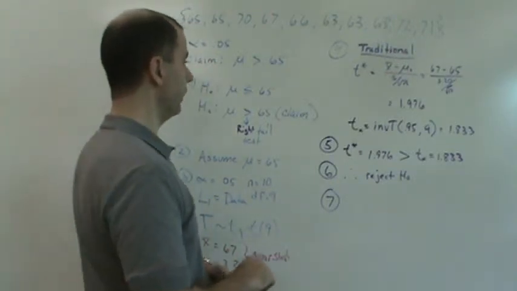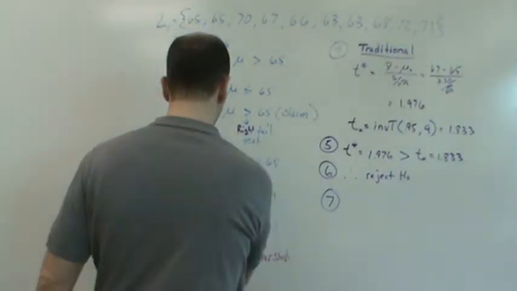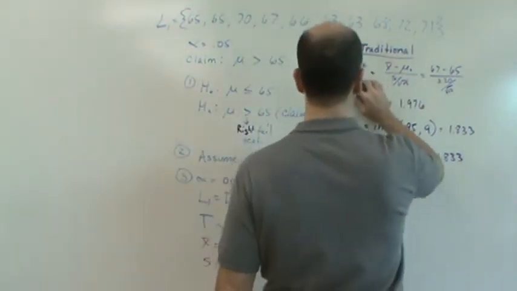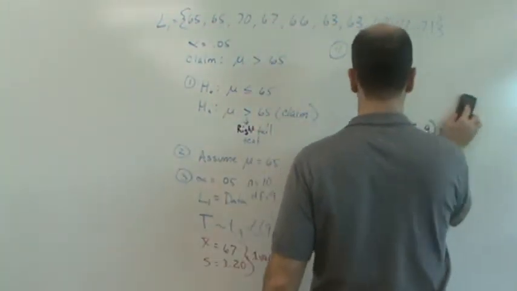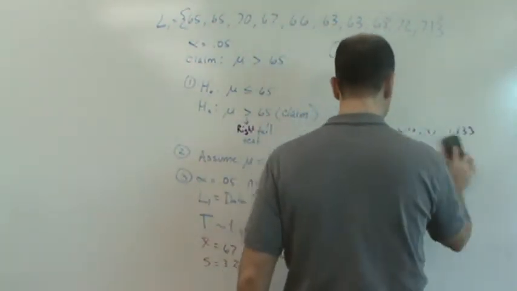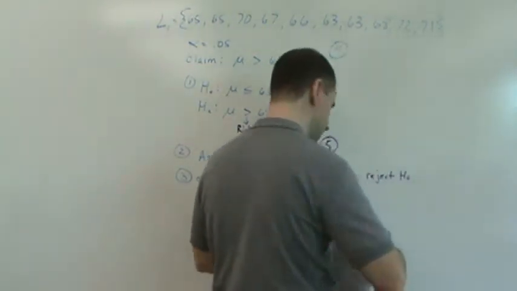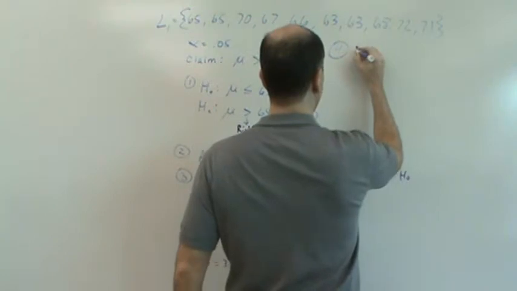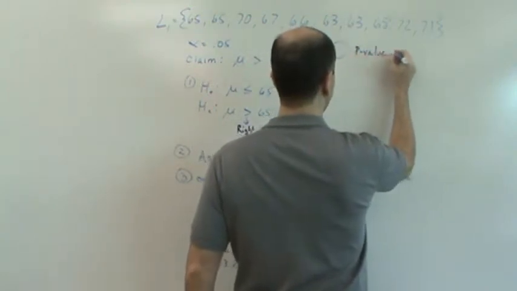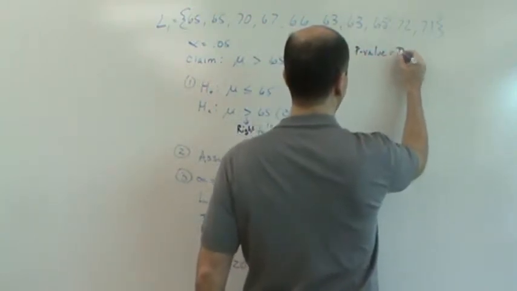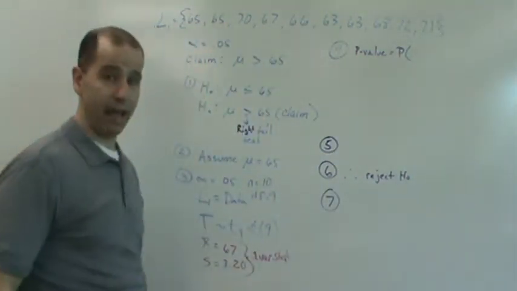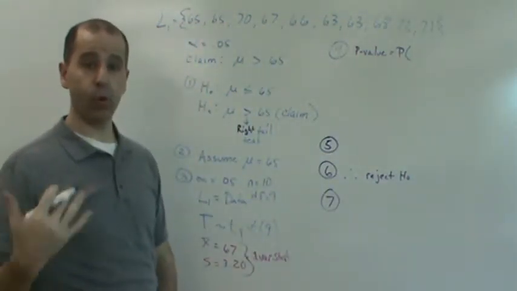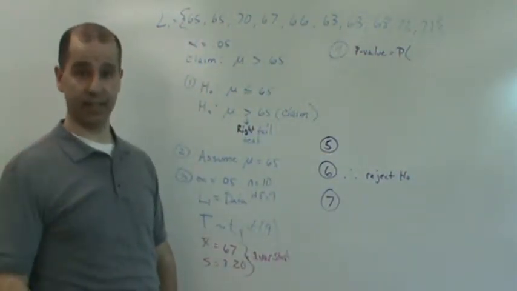Okay, now that's the traditional method. Now let's go back and quickly do the p-value method. The p-value method again is comparing the p-value with alpha. In this case, the p-value is equal to the probability of having as extreme or more extreme of a test statistic.